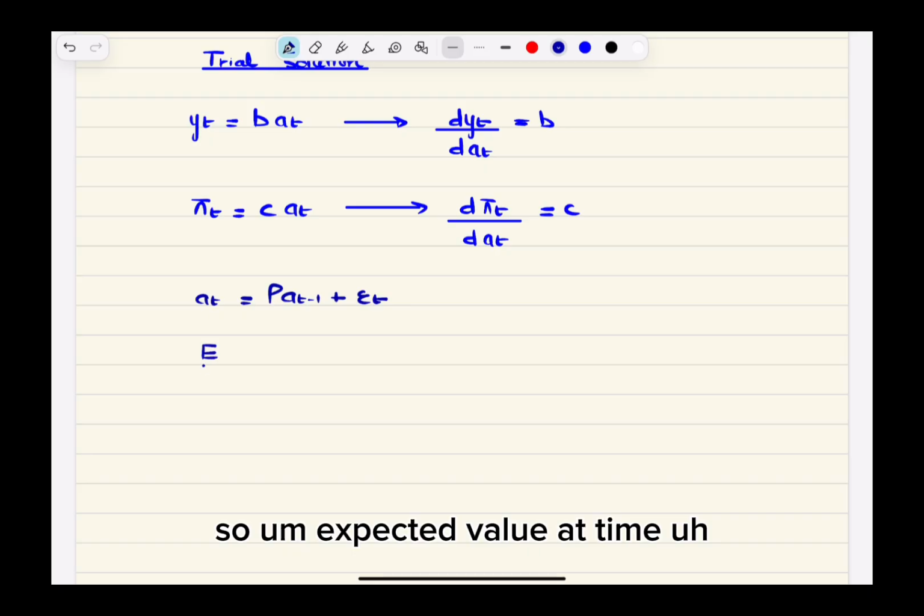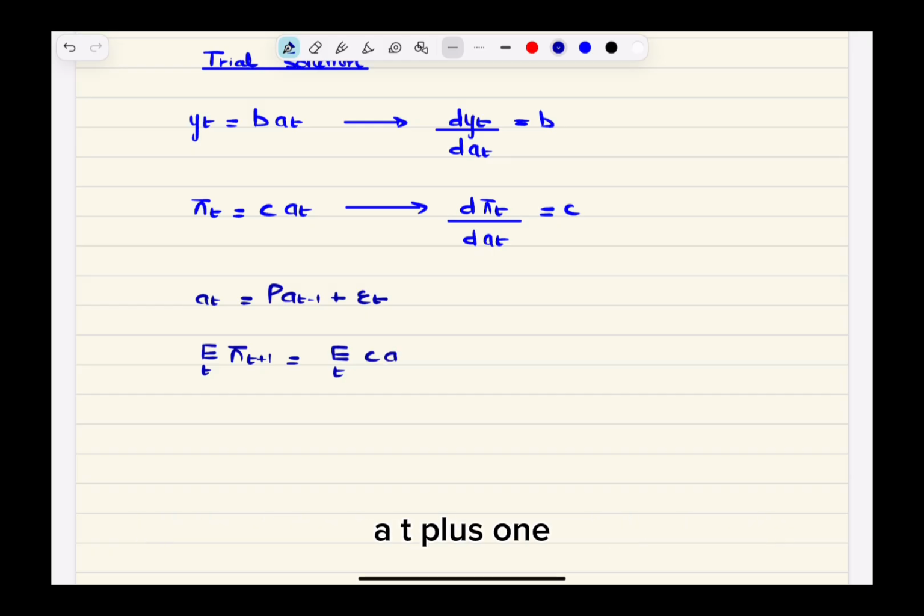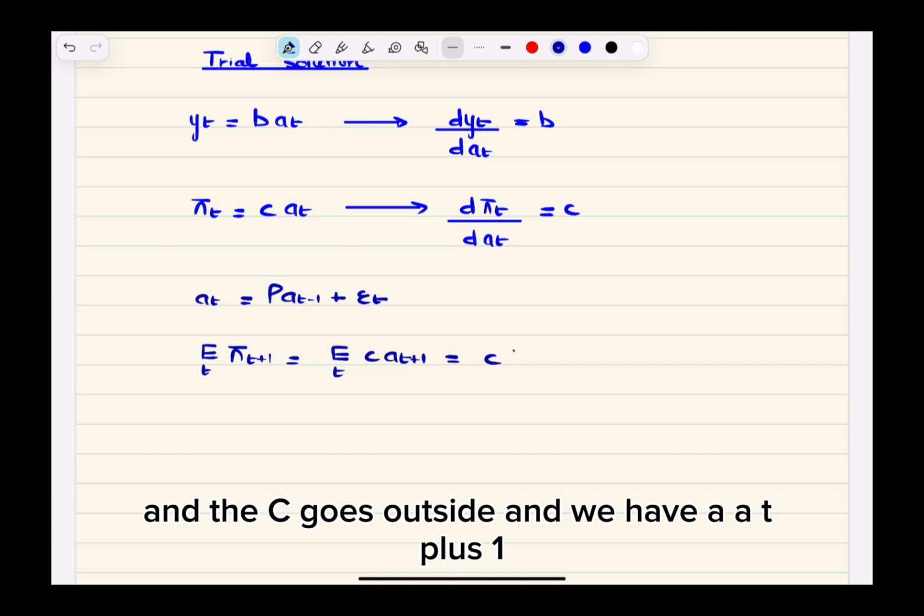Okay, so the expected value at time t of a future inflation is basically the expected value of c a_(t+1), and the c goes outside and we have a_(t+1).